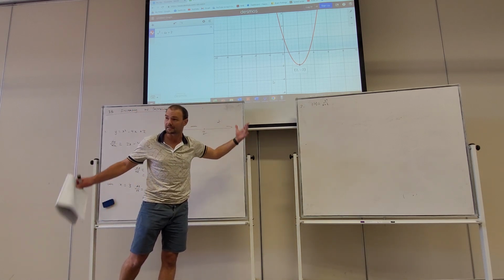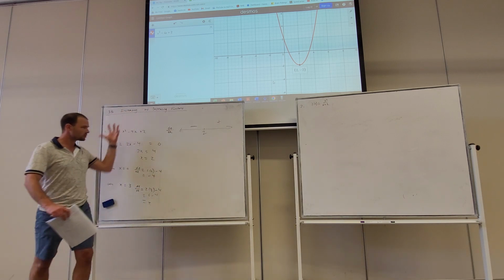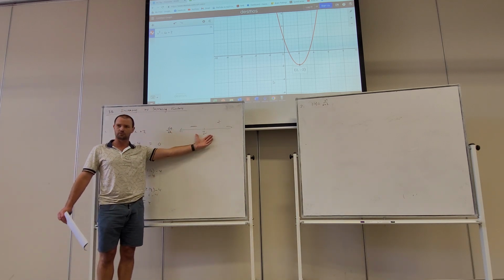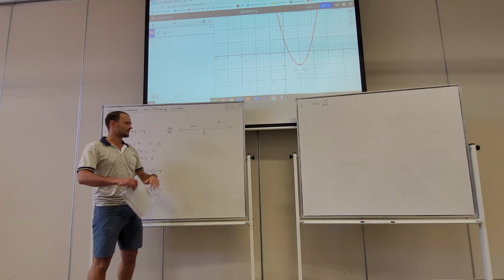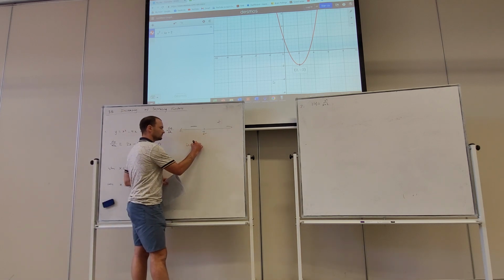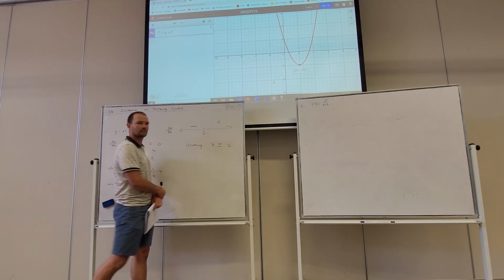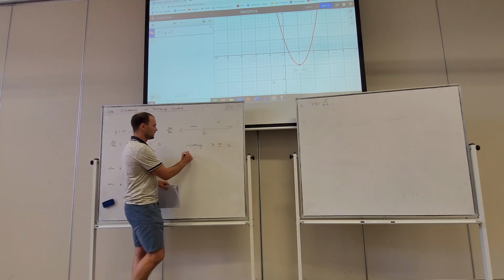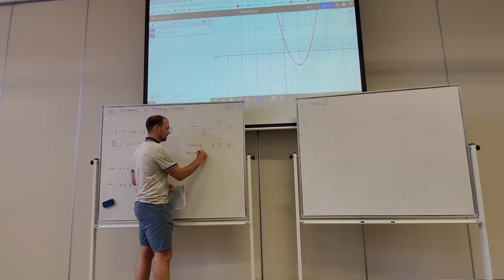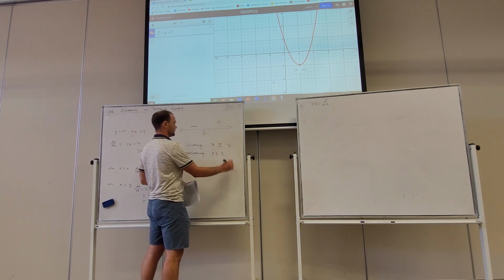That's the calculus method. You differentiate, you draw the sign diagram of the derivative, and then you answer. Increasing when x is greater than or equal to 2, because we always include the point. Decreasing when x is less than or equal to 2.